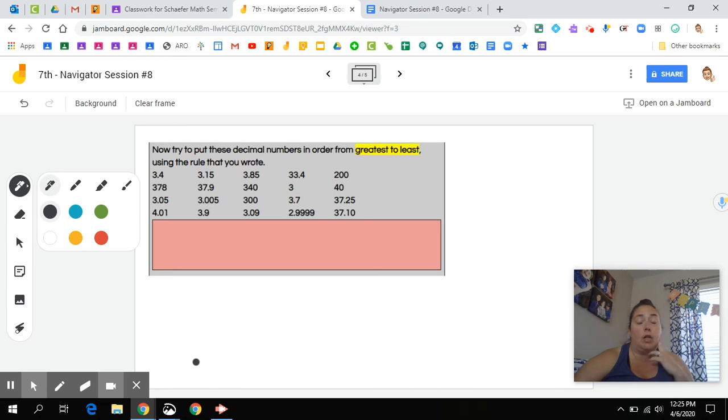So I'm going to do, let's see, the largest looking numbers. I have lots of numbers that are in the 300s. So maybe I make up a list of all of the big numbers, like 378. I have 340.